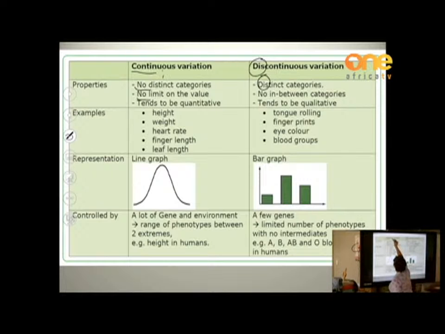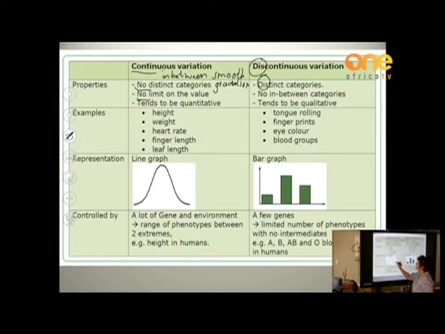Here we have in-between, smooth gradation. I hope you remember that. If you have to explain, that is the word you need to use. Distinct categories, no in-betweens. And we have some examples.